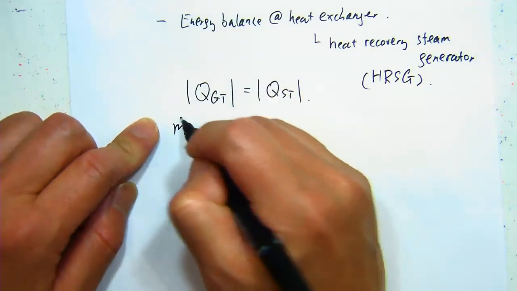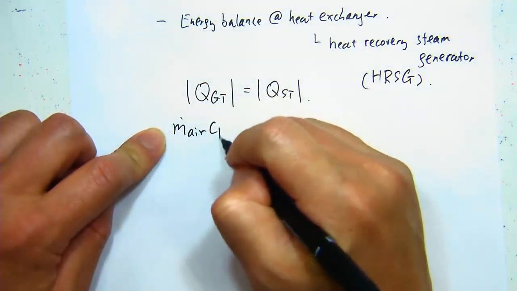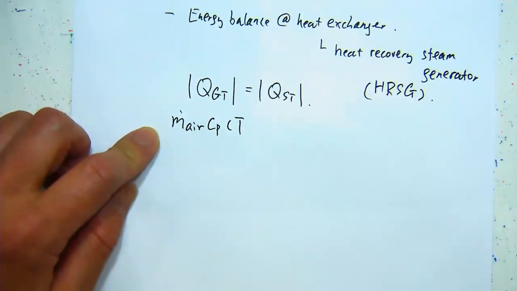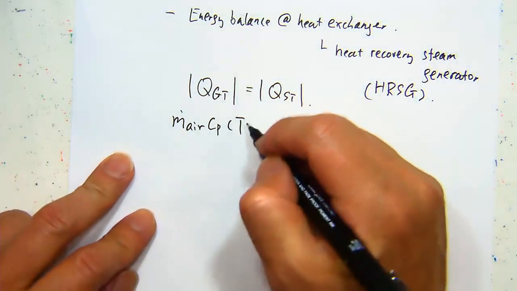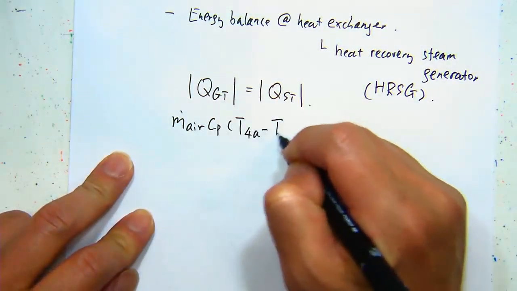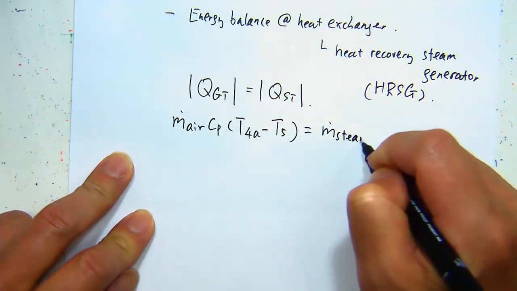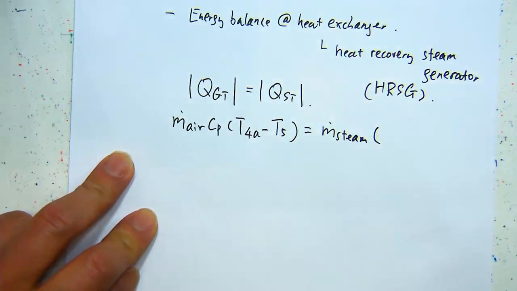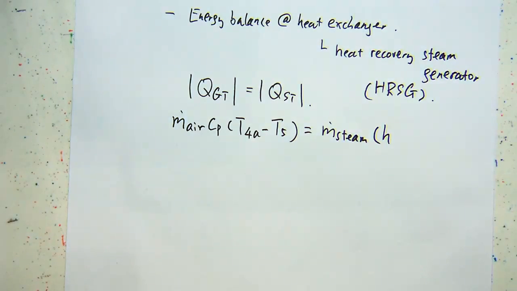You have the air, Cp, T. So there we have the heat that is being lost from the exhaust. That will be T4A minus T5, then equals the steam side. We have the h8 minus h7.